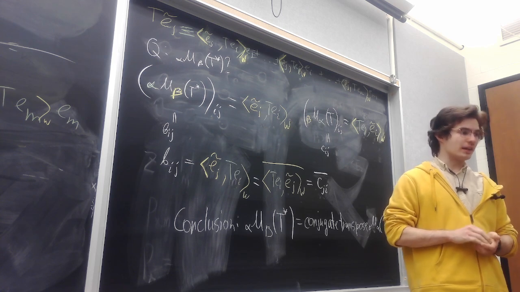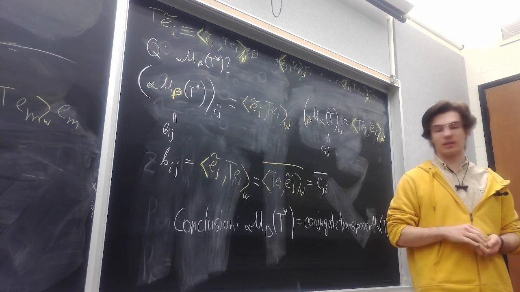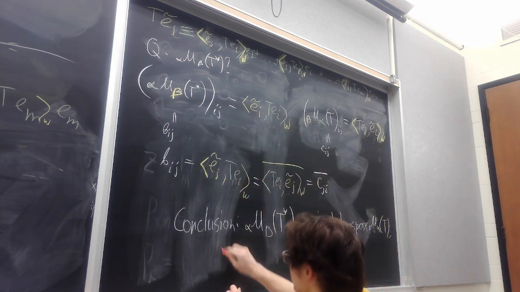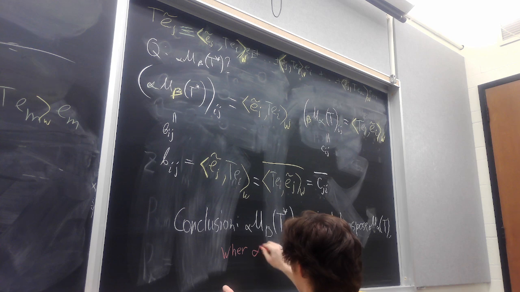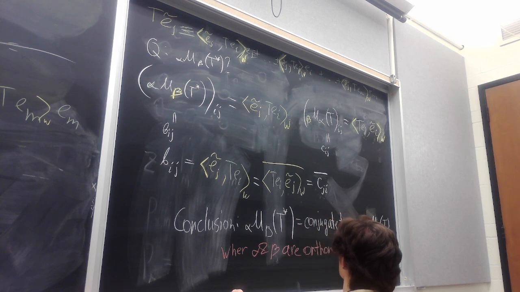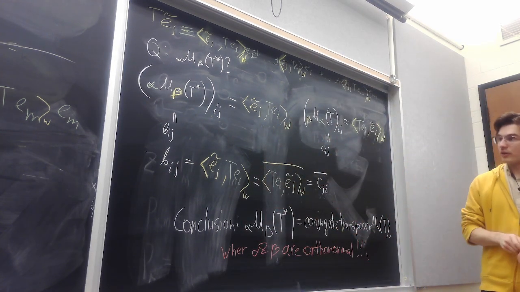But that is not the case if the matrix wasn't written in an orthonormal basis. So what's important is where alpha and beta are orthonormal. So you have to make sure you have this. So this is important. Okay.